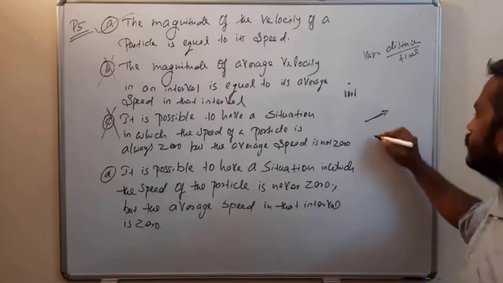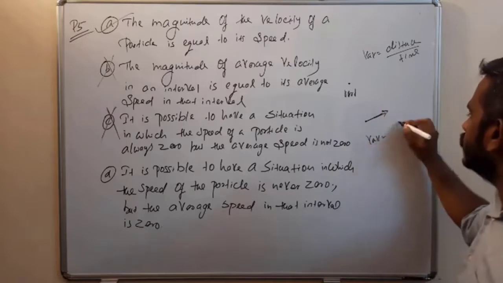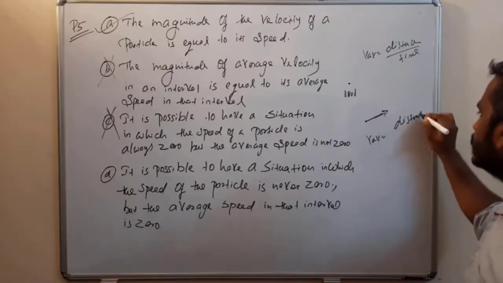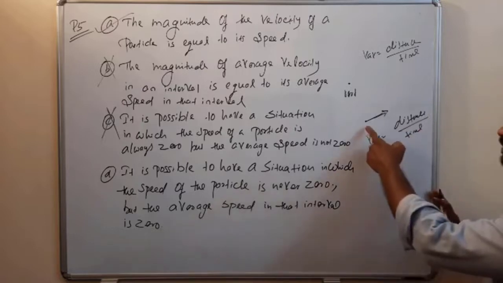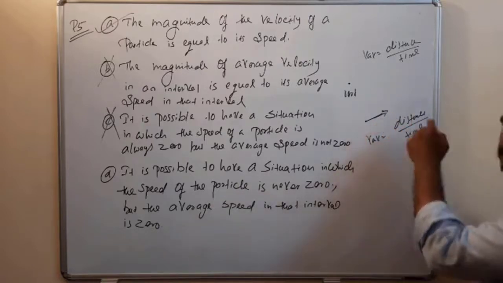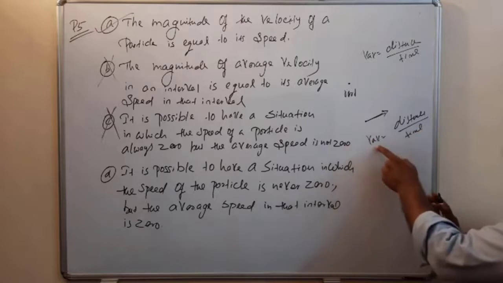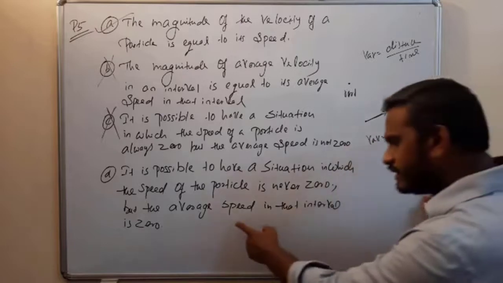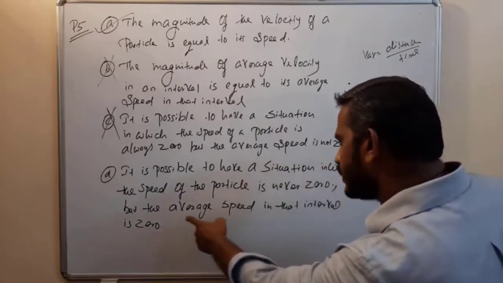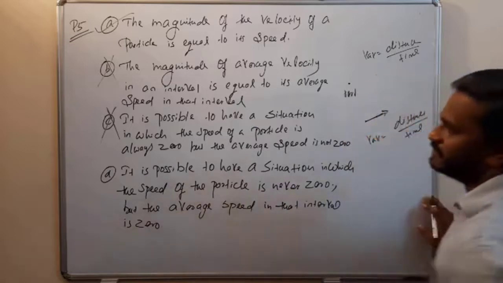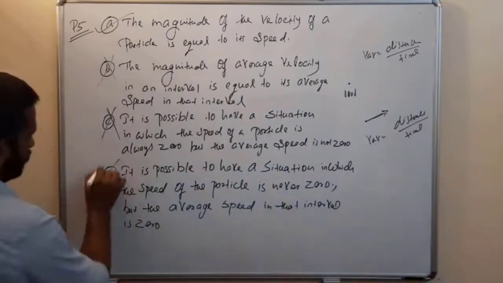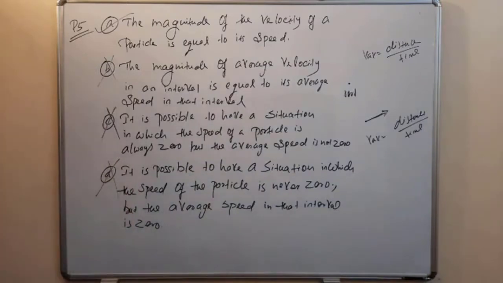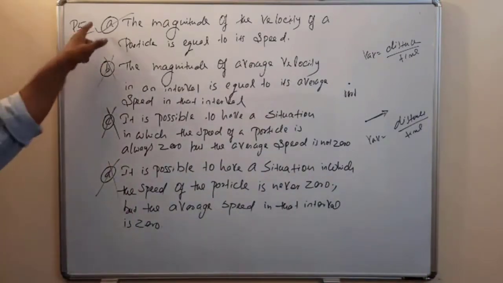An object moving with a certain velocity must have an average velocity. But here it says the average speed in that interval is zero. So that's why this statement is also wrong. So the first statement only is correct.